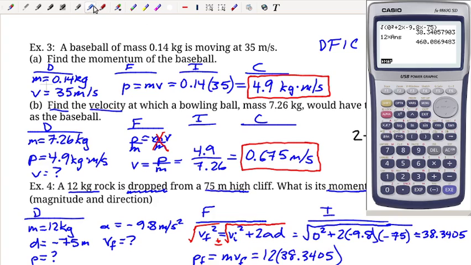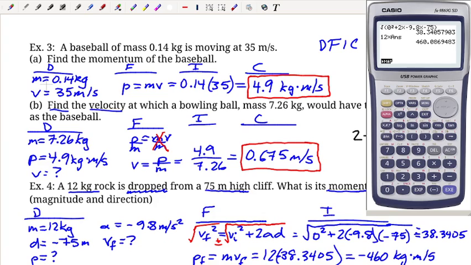Now, one thing I forgot earlier is this is a negative 38 because it's going downward. So that's going to give me a negative 460 kilogram meters per second. And I can also write this as 460 kilogram meters per second down.